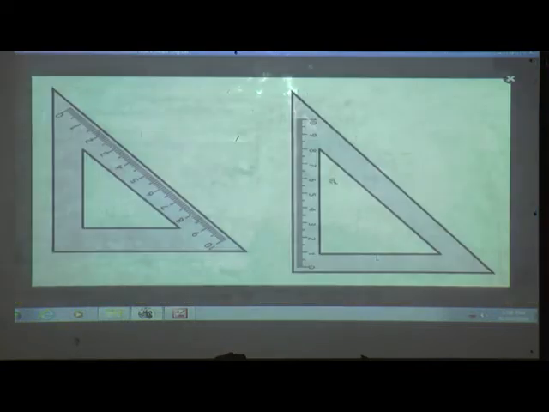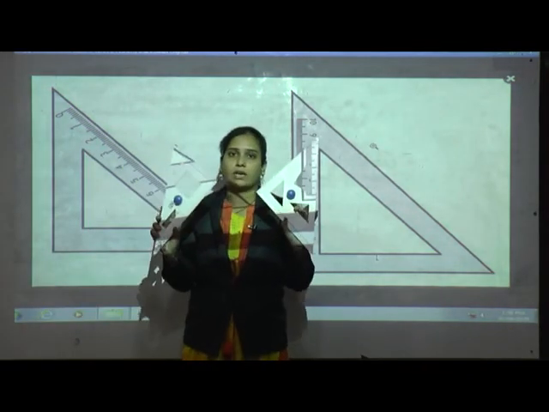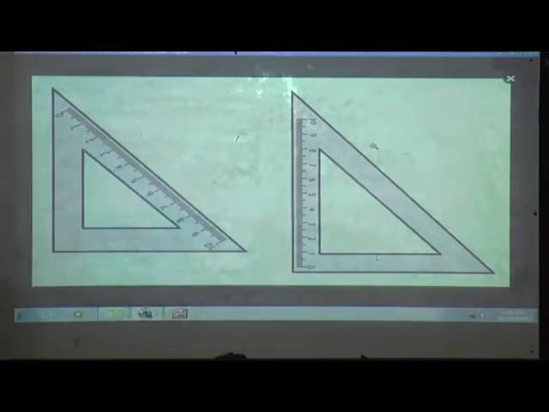Here are the two triangular objects in your geometrical box other than a scale and protractor. See students, these are called set squares.